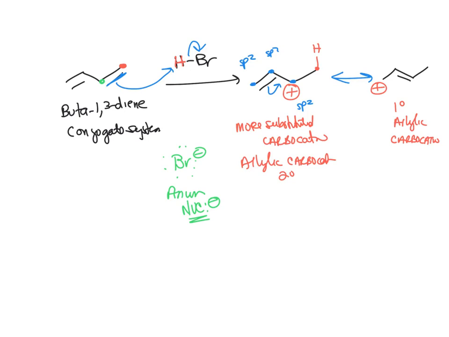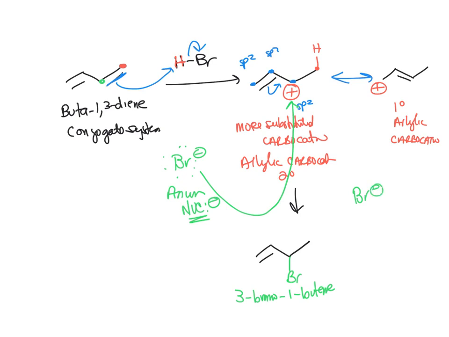And you know in the presence of a nucleophile, the nucleophile can either attack that carbocation, and you get bromine addition here, which is 3-bromo-1-butene, or you can get the bromine here, which gives you a product 1-bromo-2-butene.